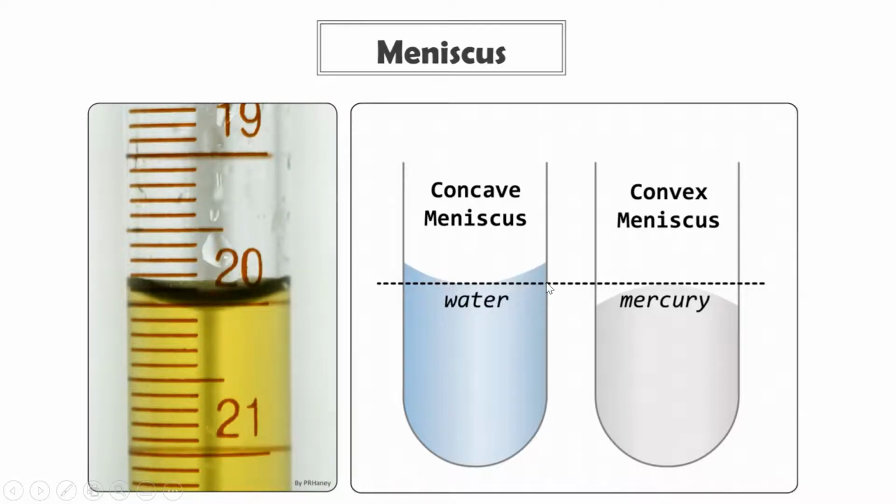So this is the accurate measurement of water, is right here. Now, if your meniscus is convex, then you are going to measure at the top of your level.